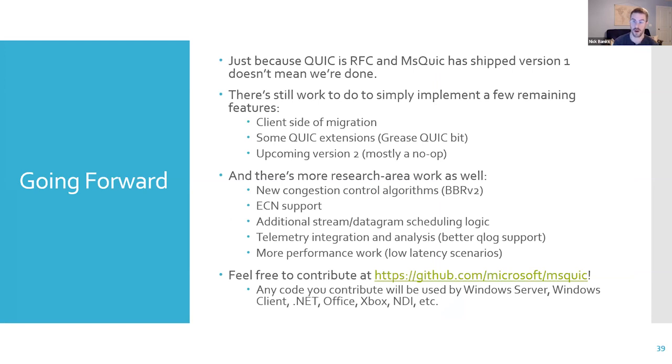So we've come a long way, but there's still plenty to do, as Robin mentioned. There's still lots of stuff, both well-defined and open-ended research level work. A few things are listed here specific just to MS QUIC, but this is by no means an exhaustive list. If you're interested, feel free to join us on GitHub.